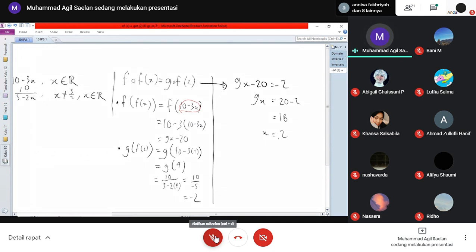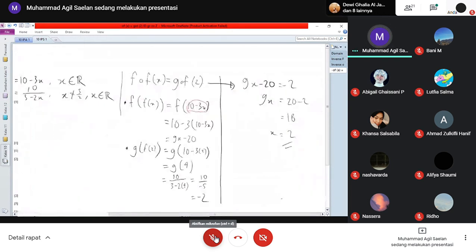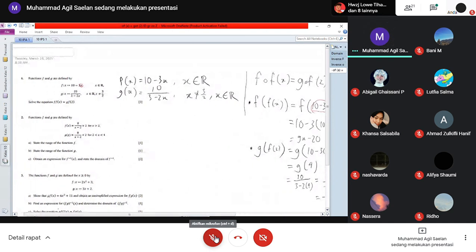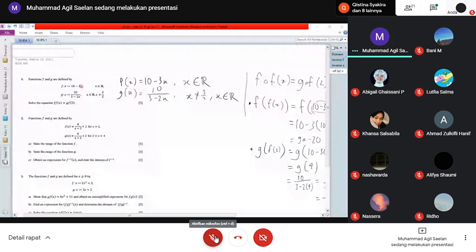So we will get x equals 2. And this is the solution, the final answer. Any question? No questions, so I hope it's clear.